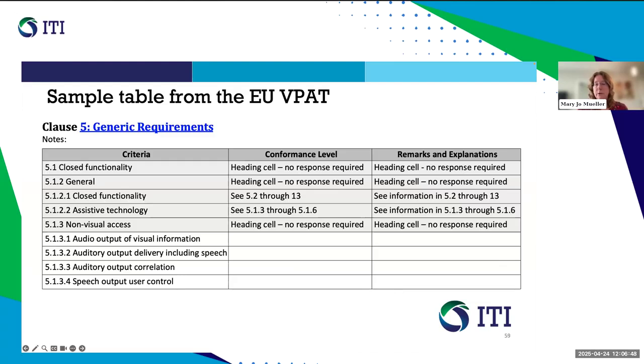Similar to other tables where a clause is not setting a requirement, it's clearly marked as a heading cell, no response required. Similarly, with clauses that are covered by more detailed requirements, a reference is added, like 5.1.2.1 closed functionality, which points the user to clauses 5.2 through 13.